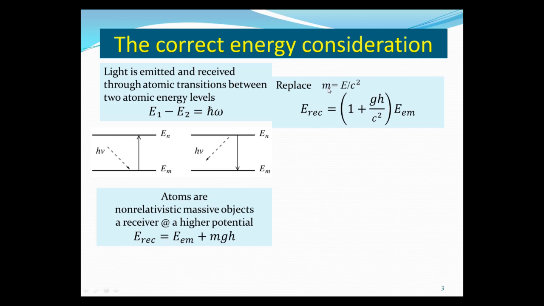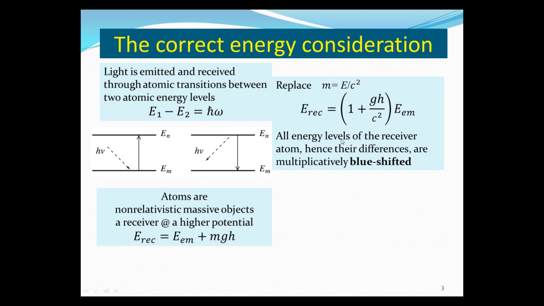Now if we replace m by E over c squared, this becomes E, and I can factor E out on the right hand side. So the received energy level differs from the emitting energy level by this factor, which is greater than 1. Therefore all the energy levels of the receiver, and all the differences, are multiplicatively blue shifted.